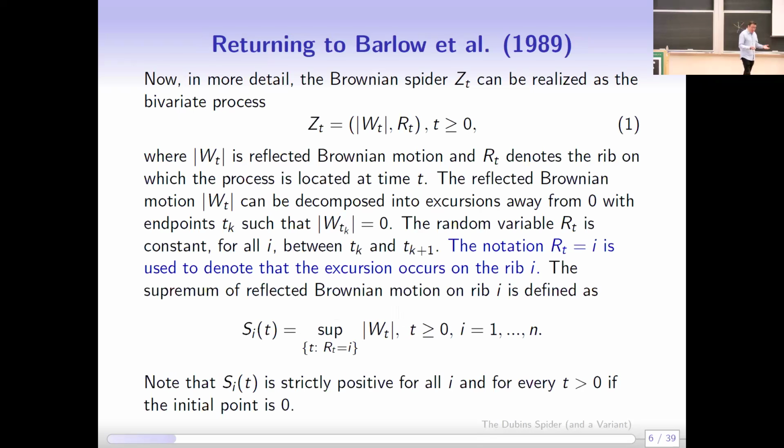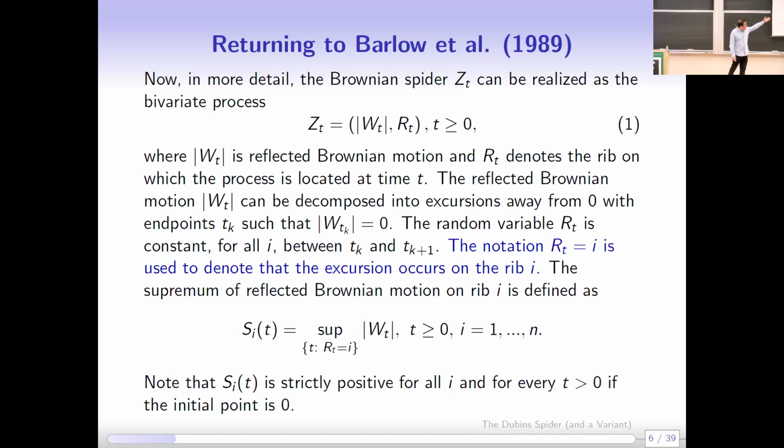Now in more detail, returning to Barlow, how do we realize the Brownian spider? What's called Z_t can be realized as a bivariate process. The first coordinate is the absolute value of W_t, reflected Brownian motion, and R_t is the rib on which the process is located at time t. You can decompose the reflected Brownian motion into excursions away from 0 with endpoints such that the Wiener process evaluated at those endpoints has absolute value 0.